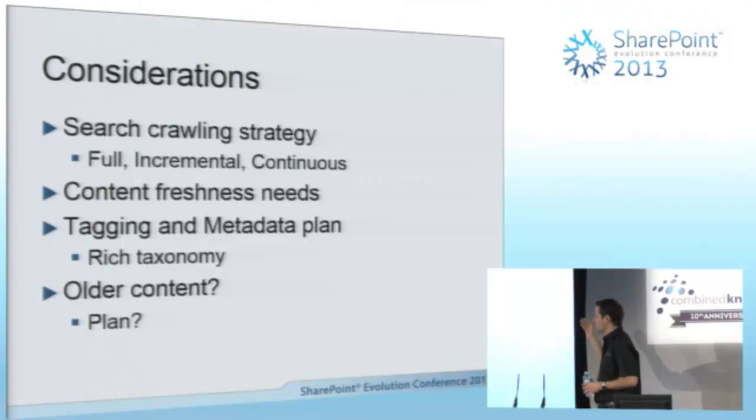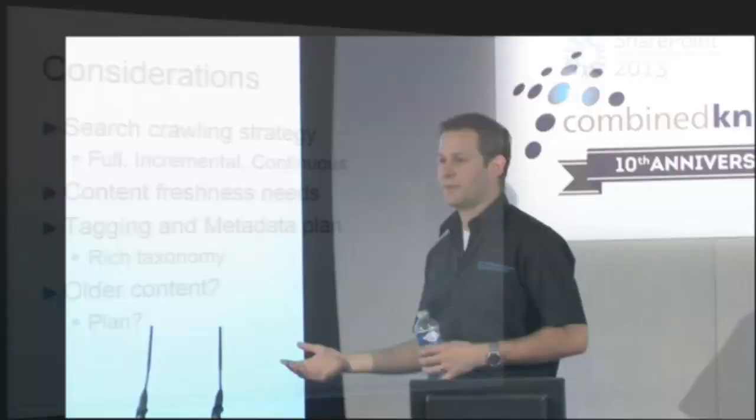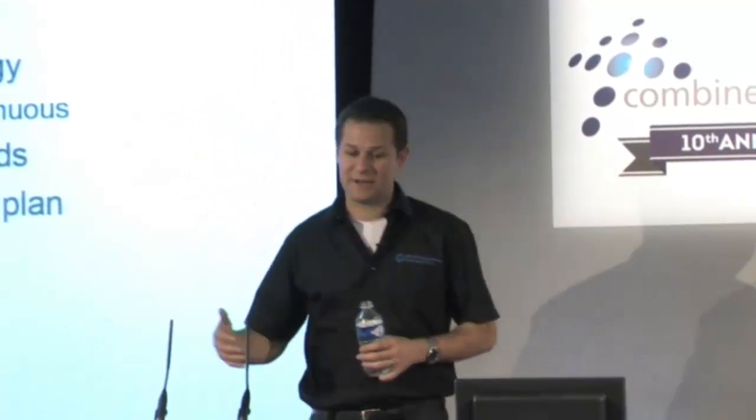Obviously, if you've got tons and tons of older content, you're going to need to think about how you deal with that. There are some third-party tools that can help with this, that look at big bodies of content and do automated indexing, in a very clever way looking inside a document to work out what it's about, and then tag and apply metadata for you, which might get you sort of 80% of the way there.